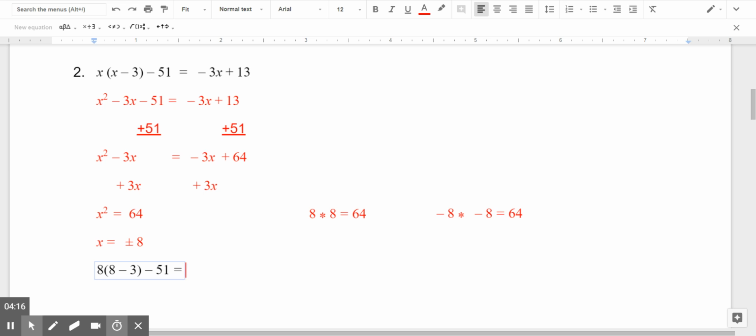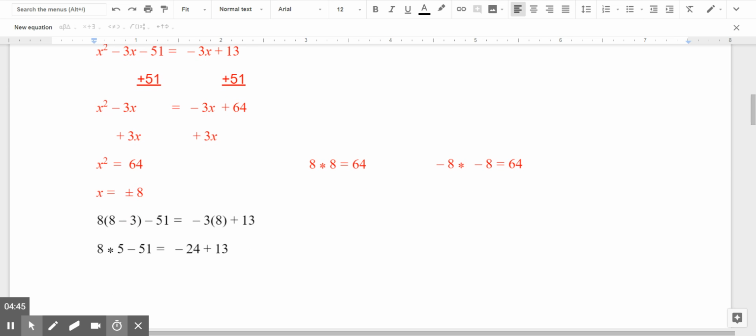And the right-hand side will be negative 3 times 8 plus 13. So let's start by simplifying what's in the parentheses, and then we'll evaluate each side. So on the left-hand side, I've got 8 times 8 minus 3, which is 8 times 5, minus 51. And on the right-hand side, I've got negative 3 times 8, which is negative 24, plus 13.